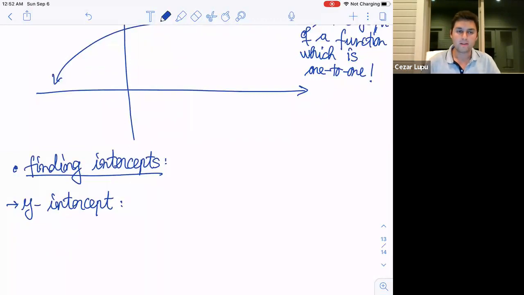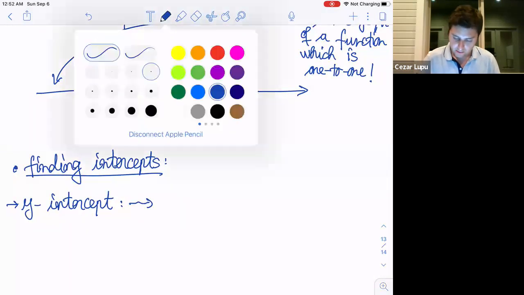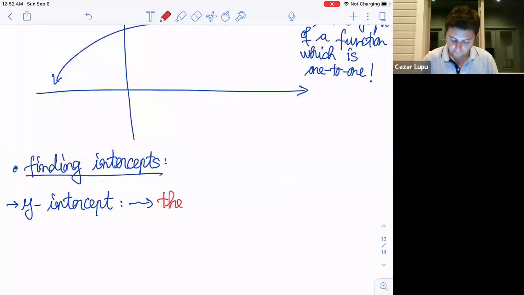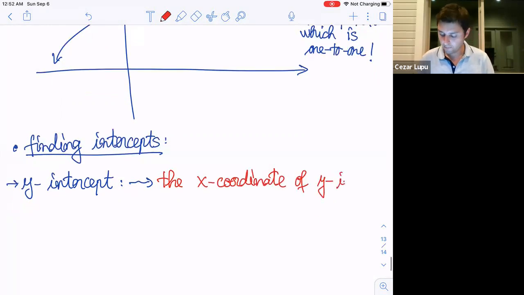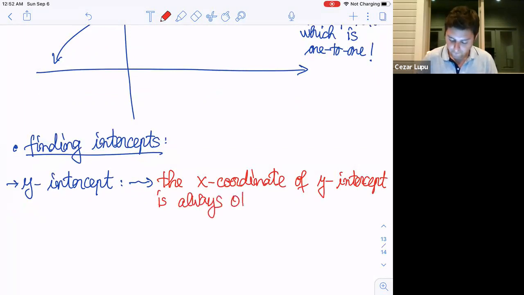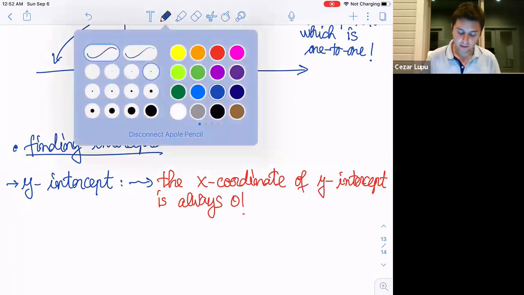These are the points on the graph that intersect the y-axis. Pay attention: the x-coordinate of the y-intercept is always 0. So keep in mind this. Okay, and now we would like to see what happens.